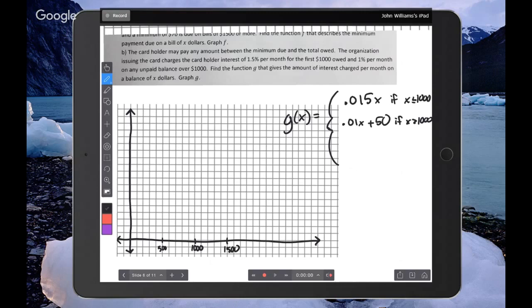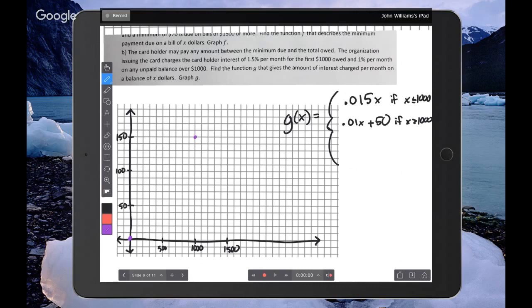So 100. So here's my function. It starts at $0. Up to 150 if you owe $1,000.